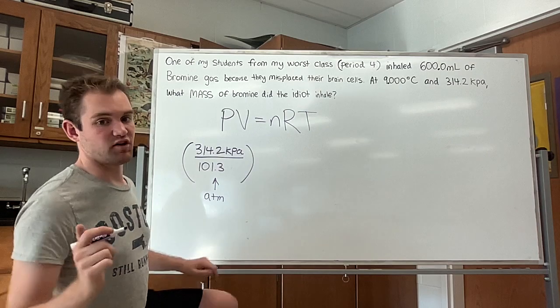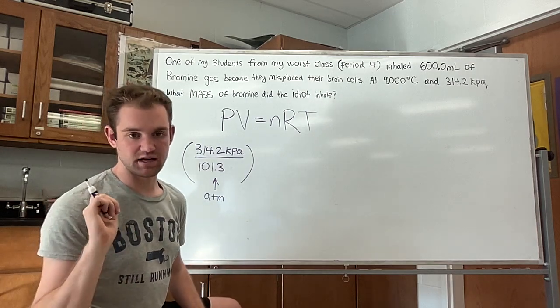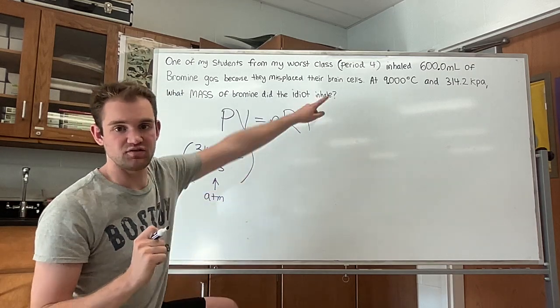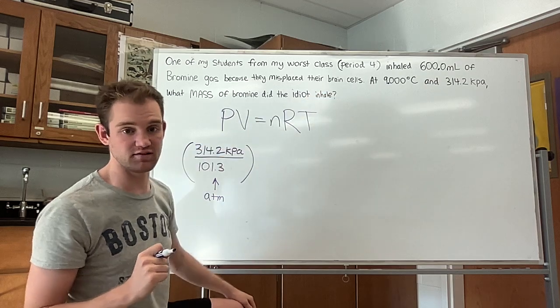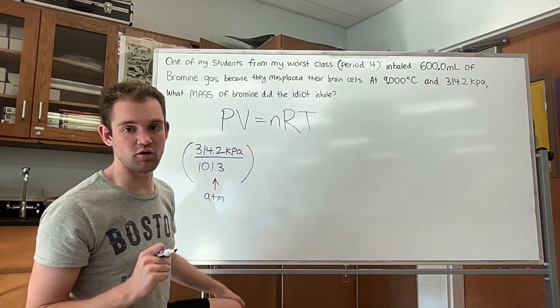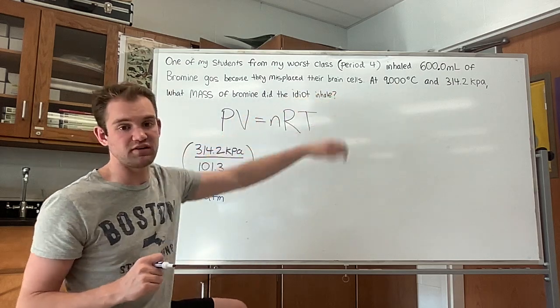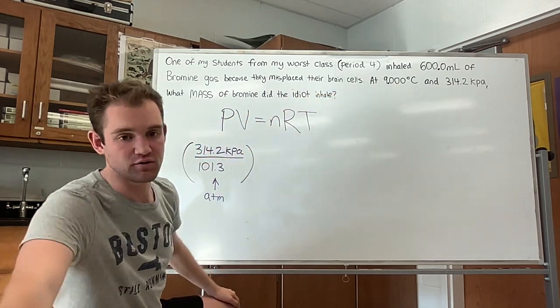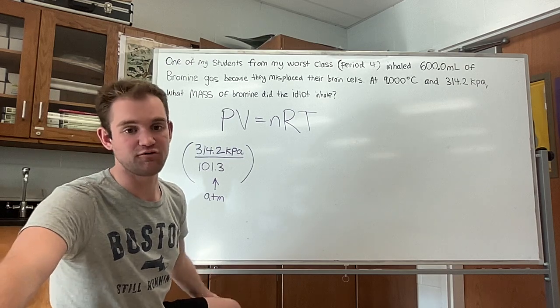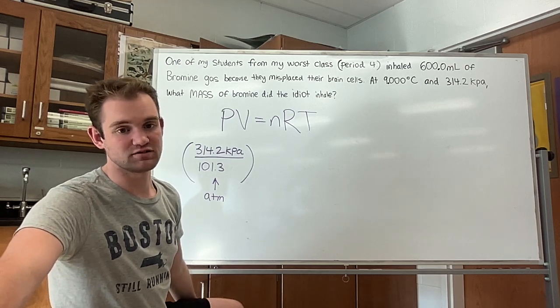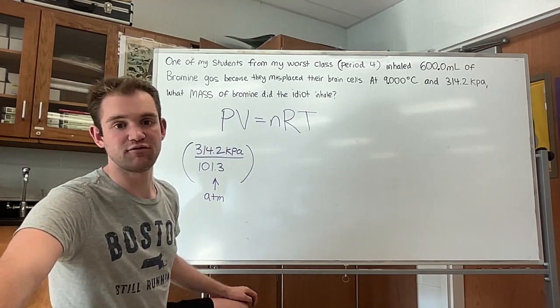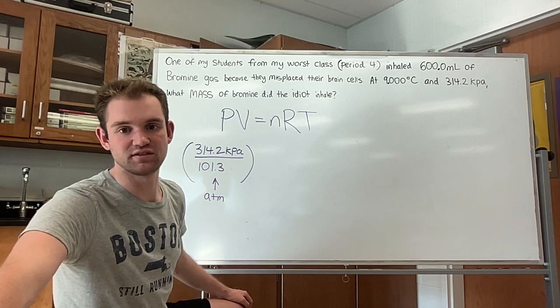We know my volume too. However, volume has to be in liters for this equation. So 600.0 milliliters becomes 0.6 liters. We are going to include that there are 4 sig figs in this number, so you don't have to write them all out. As long as you know that there are 4 in your answer, you're good, because we have 4 sig figs in every single one of these numbers.